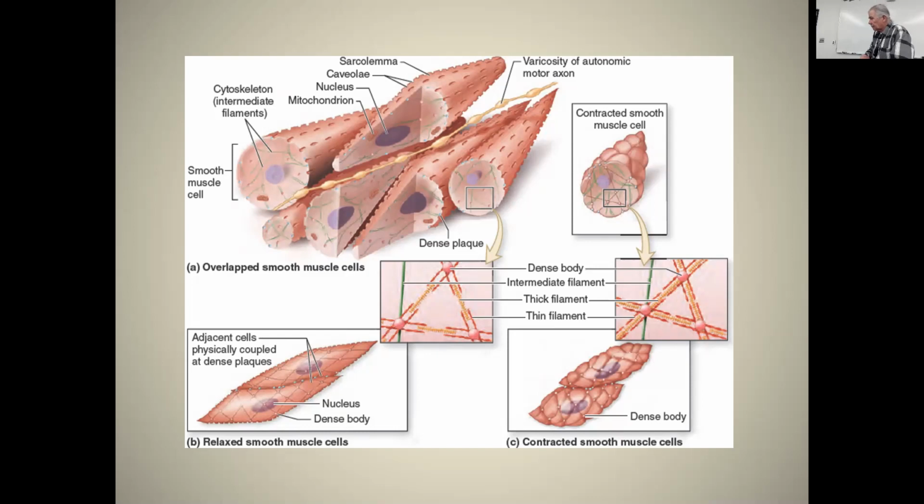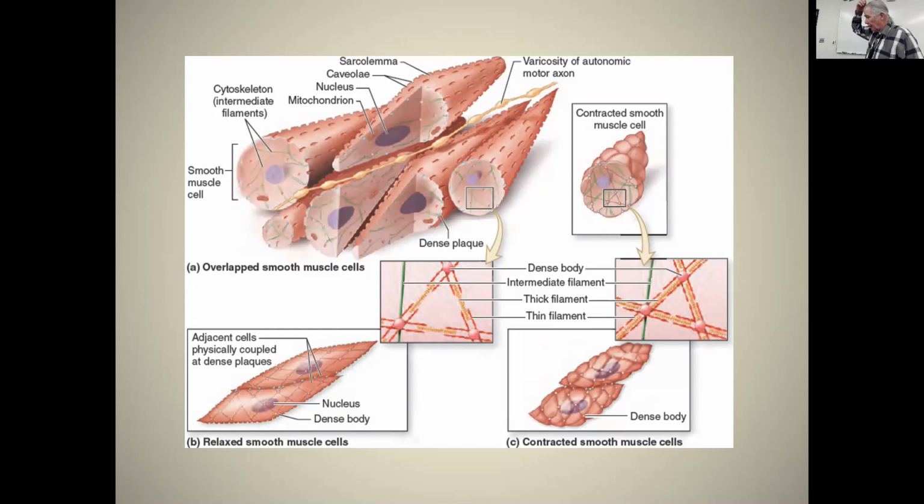And here's the microscopic arrangement. We do have actin, thin and thick filaments with myosin and actin, and they do overlap. But there's no, I said there's no Z lines, there's no A or I bands or H bands.